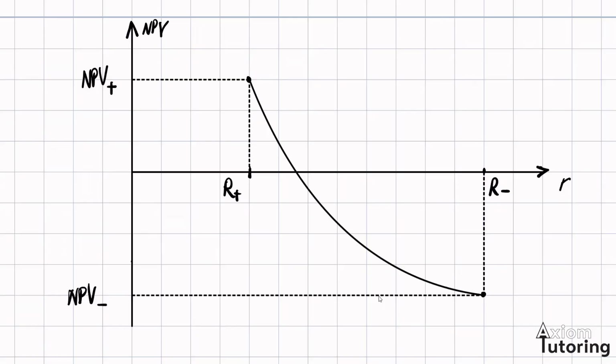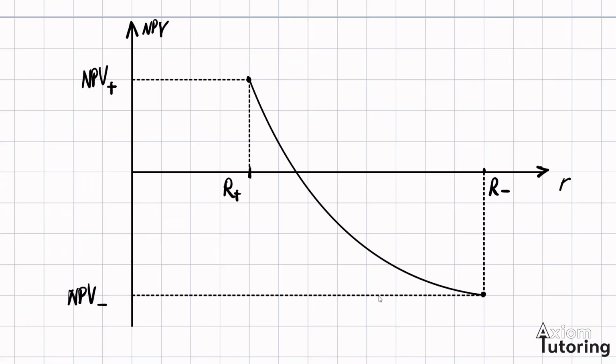So we can increase that until the NPV is close to zero, and vice versa. If we have a very high discount rate, the NPV is likely to be negative, so we can decrease that high discount rate until the NPV is getting close to zero, and that specific discount rate is going to be very close to our IRR here.